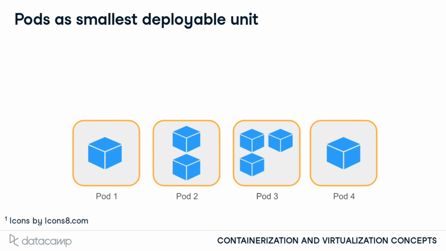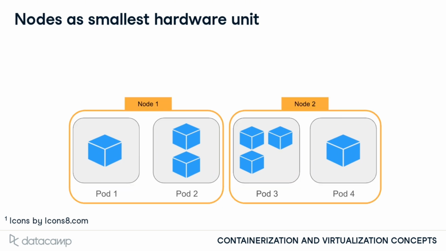A pod is the smallest deployable unit in Kubernetes, consisting of one or more containers that share the same computing resources. Each pod serves as a unique environment in which applications run. One or more pods are grouped into a node, and each node serves as the host on which the pods run.